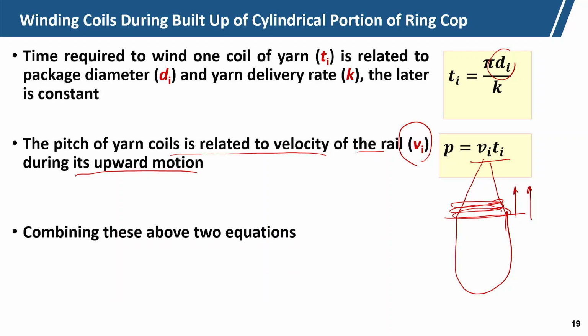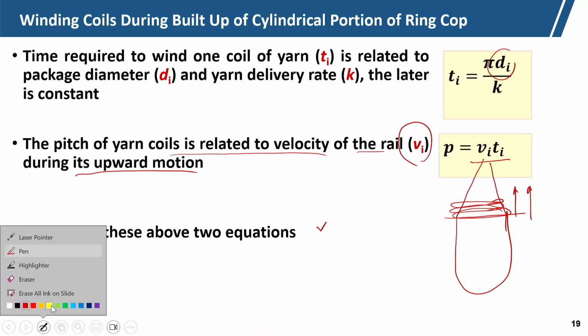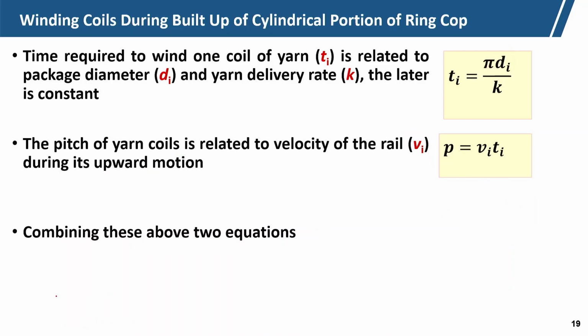Combining the above two equations, we get P equal to V_t, where P is the pitch, V is the upward motion of the rail, and t is the time of one coil.